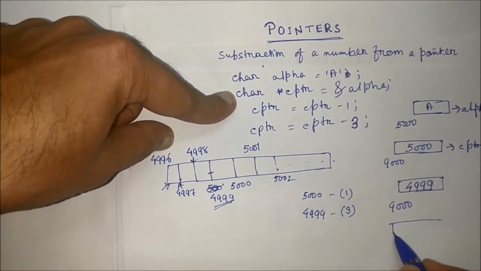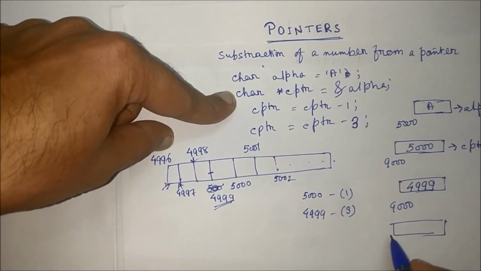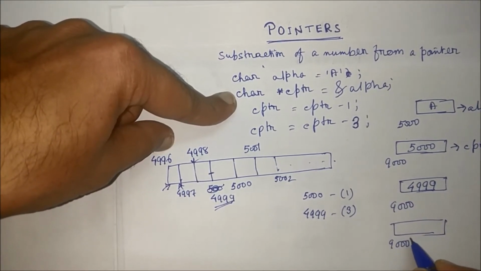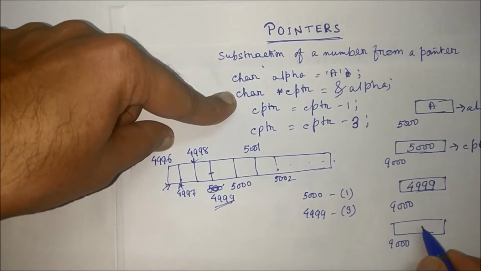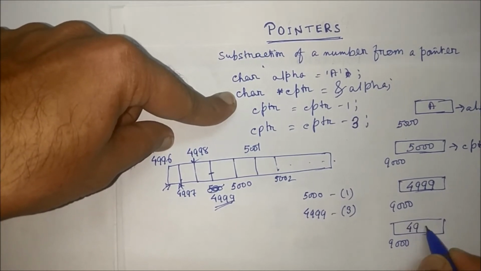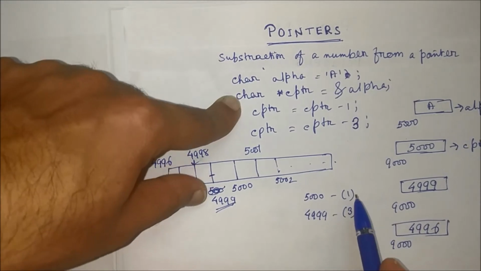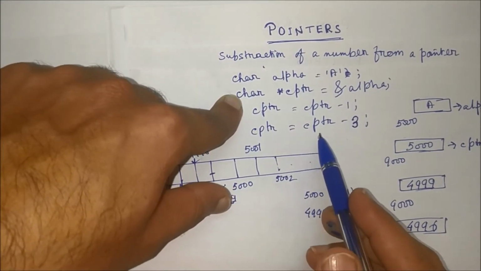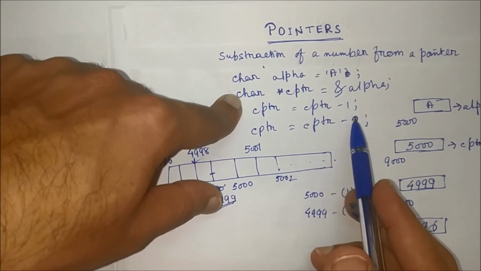In the memory map of the pointer variable, 9000 will be the pointer location in the memory, and the value stored inside the pointer variable will be 4996. We have seen that, depending on the data type of the pointer, the mathematical operations of subtraction or addition work on the pointer variable.